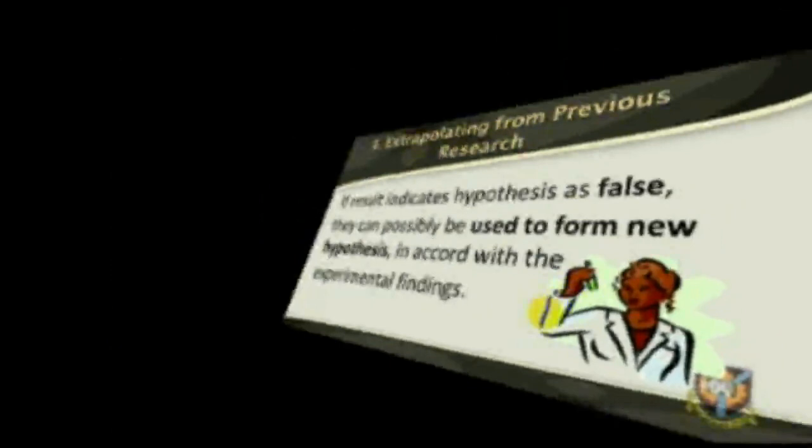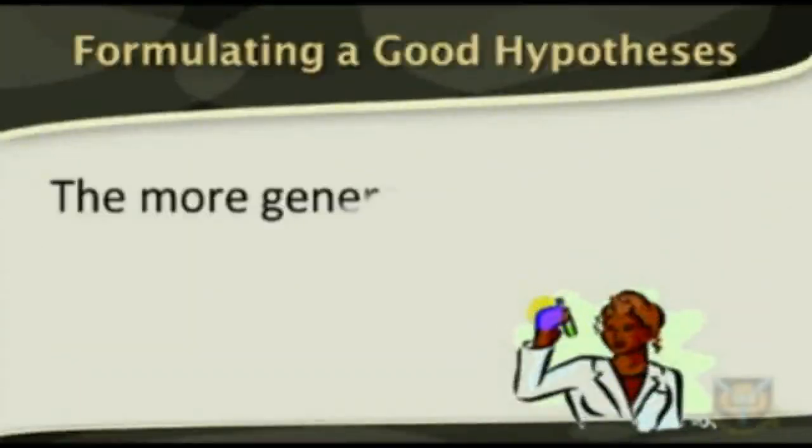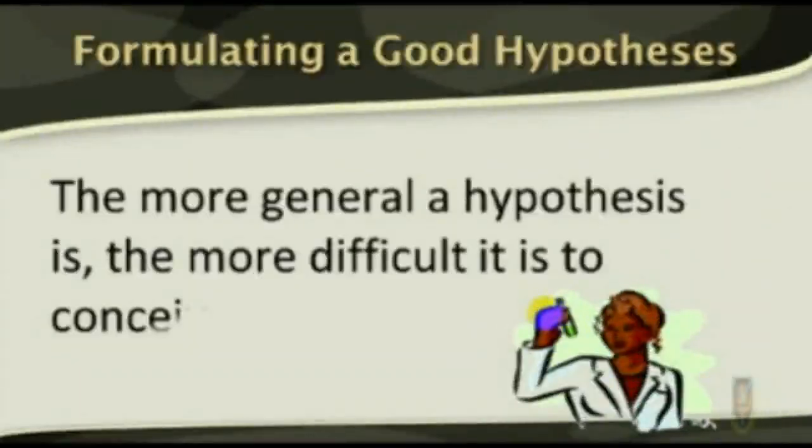Formulating a good hypothesis. The answer probably is that you learn this skill in the same manner that you learn everything else, by practice. Some hypotheses are obviously more difficult to formulate than others. Perhaps the more general a hypothesis is, the more difficult it is to conceive.